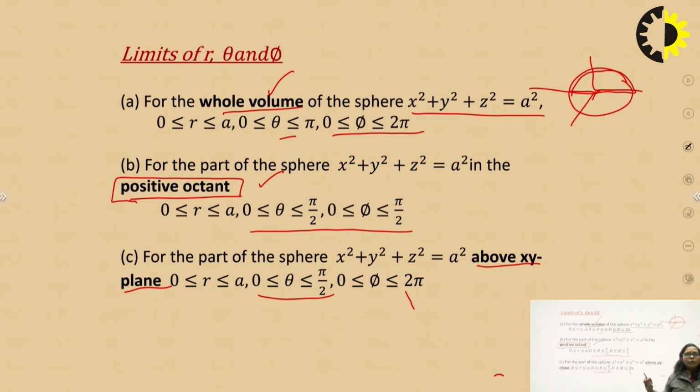So whether you are given the whole sphere, or the part of the sphere in the positive octant, or the part above the xy plane, these limits are fixed. You need to remember these limits when you are converting Cartesian to spherical coordinates.